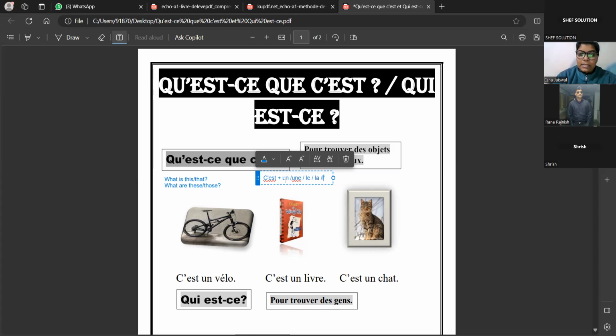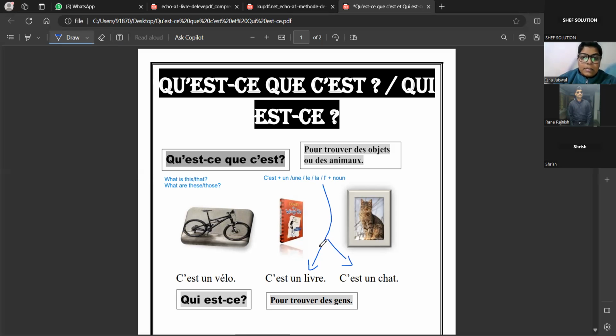All these articles come under singular form. Then you will add the noun.